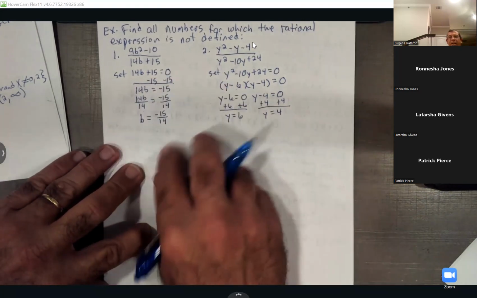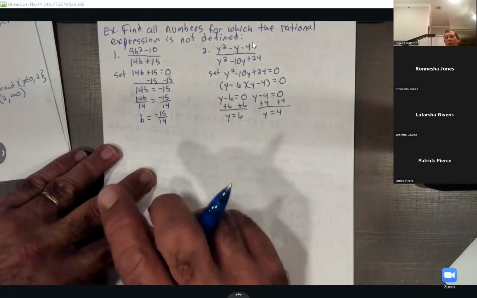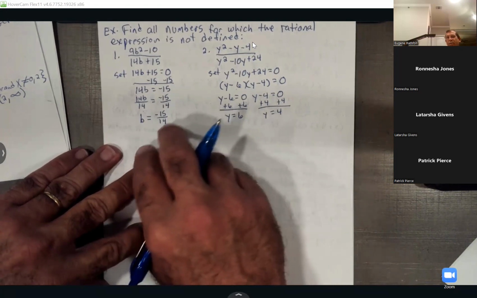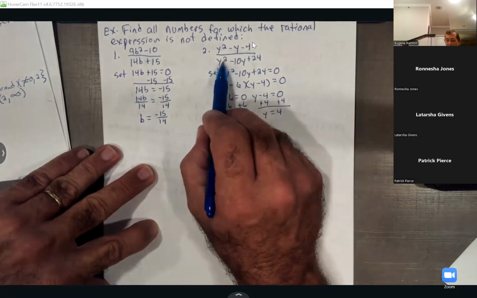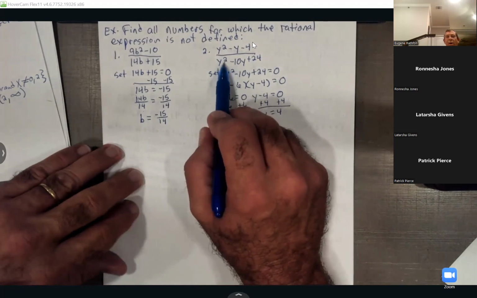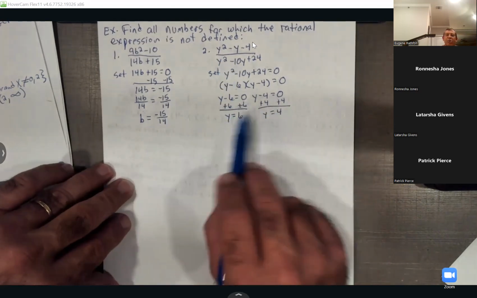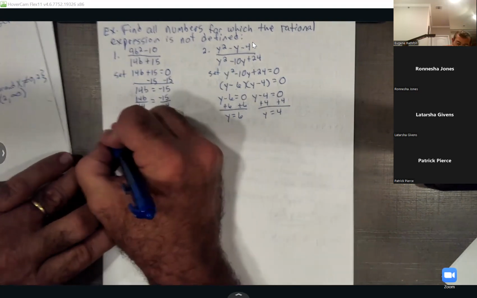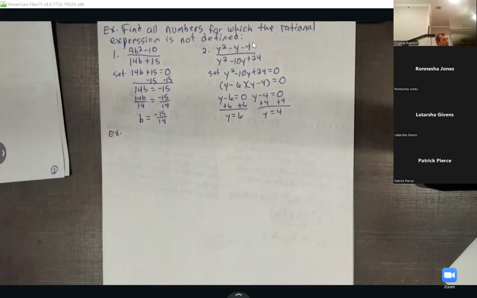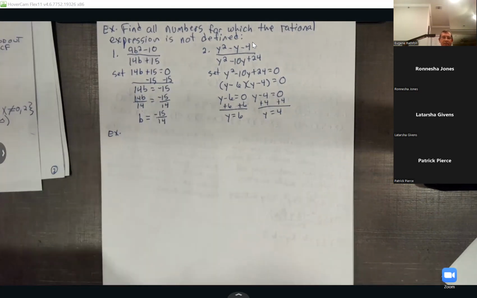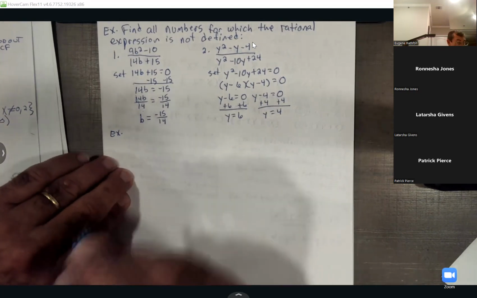So this was just to get you back in shape. The only difference from your first test when you found domains is this test will now use y² type terms, so that you got 2 answers you're going to kick out. Now, 3, 4, 5, and 6, the rest of these, we're actually going to find a domain.